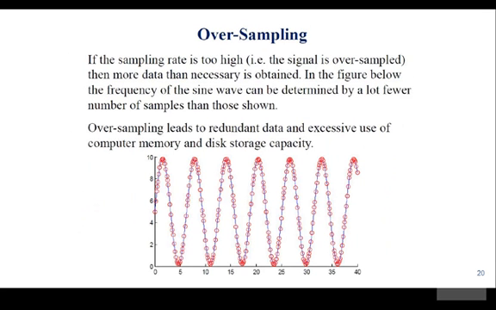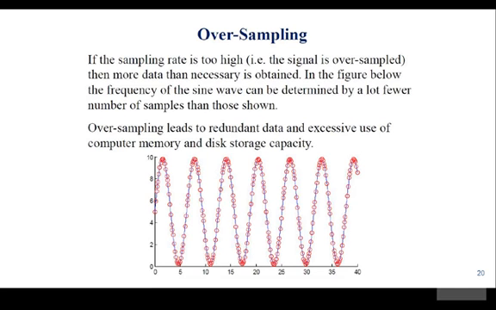The other side of the coin is that we can oversample. Quite clearly here we've got a very small sampling interval, and we get a very good representation of the signal, but it's going to take a lot more memory and processing.